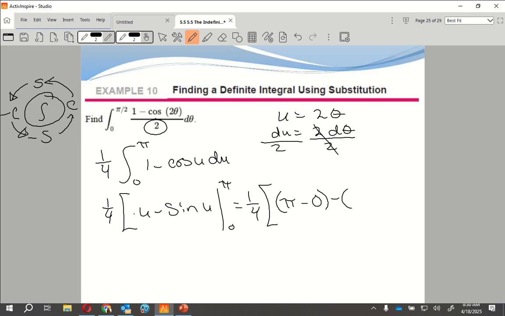Yeah, it is 0. So 0 minus 0? 0. There we go. So all this gives me a grand total of pi over 4. Very good. Good job.